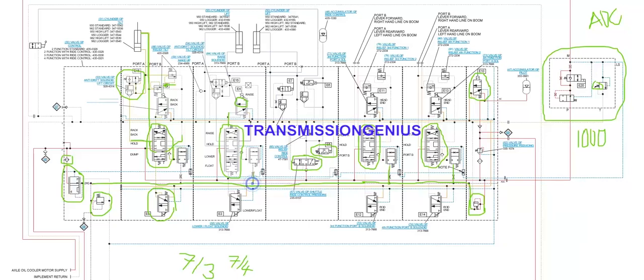Here you have another compensator valve, and here you have another compensator valve. After this, I'm going to give you the parts. This is the inlet manifold. This is the tilt valve. This is the lift valve. Here you have the right control part. Here you have the third function.